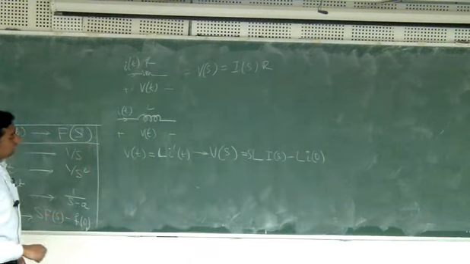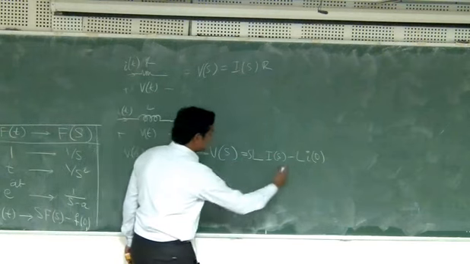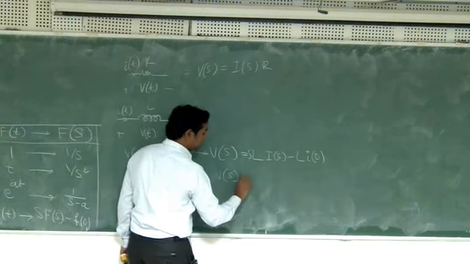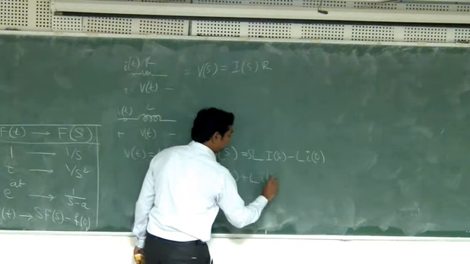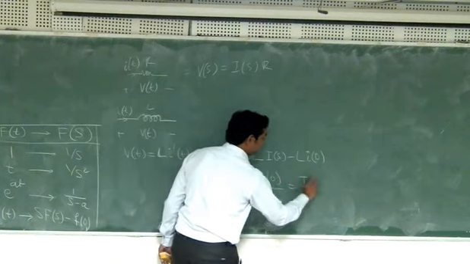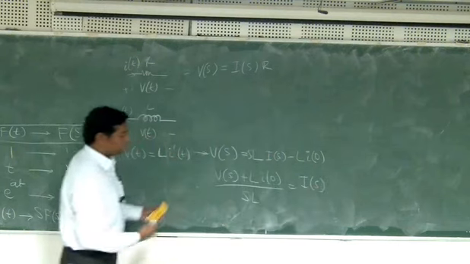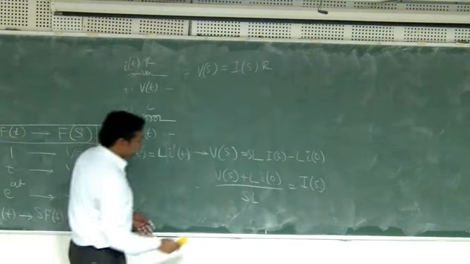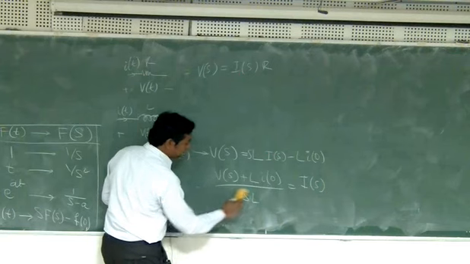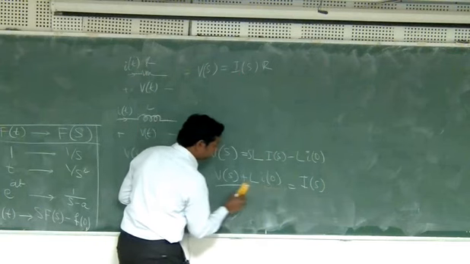Now you can rearrange this and then write it like this. V of s, this term can come this side, V of s plus L into I of 0 whole divided by sL equal to I of s. So I am just rearranging. And I can further rearrange. This sL I can split into two terms.